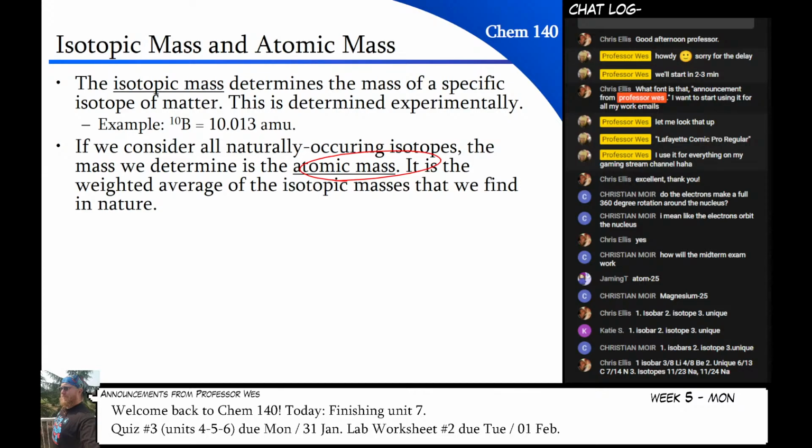Okay, so what we're going to do is we're going to learn how to calculate atomic masses, and the way that this works is that we are going to take the average mass, which is going to be the atomic mass that we're going to look at for an element.